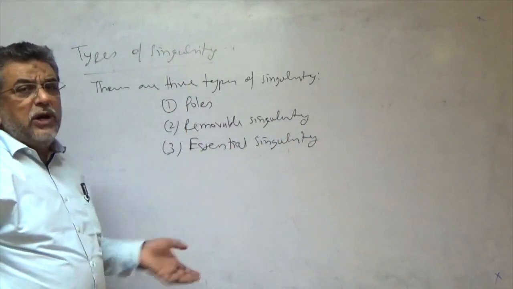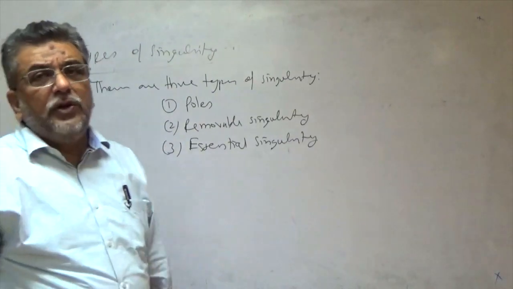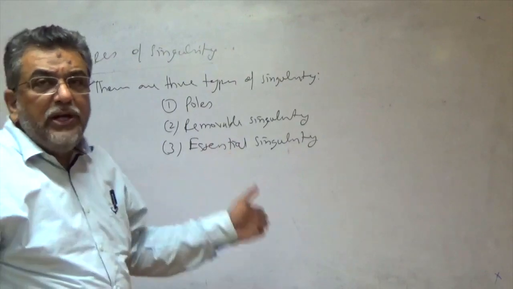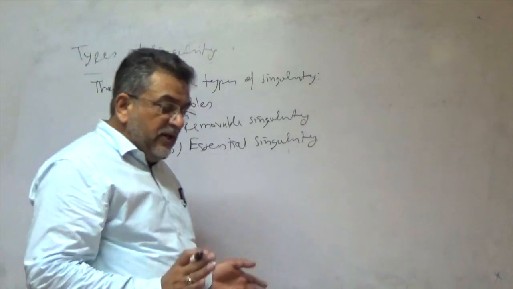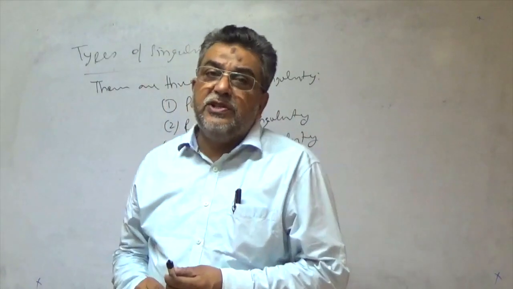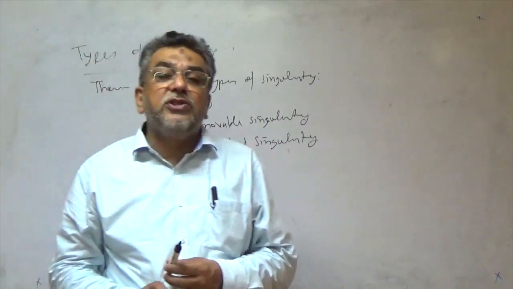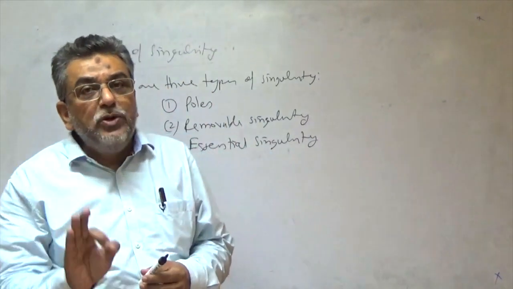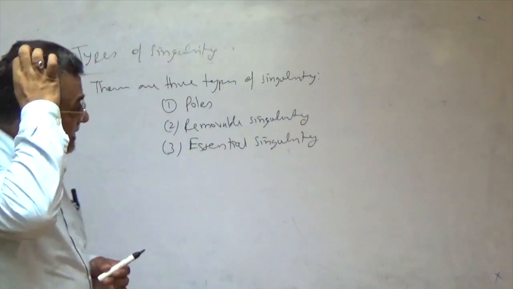Essential singularity is also called isolated essential singularity, because all of these are kinds of isolated singularity. Isolated singularity, I told you, is a point at which the function is not analytic, but the function may be analytic in the neighborhood of that point.